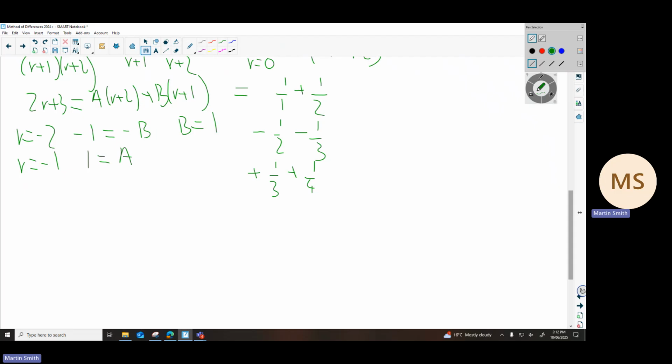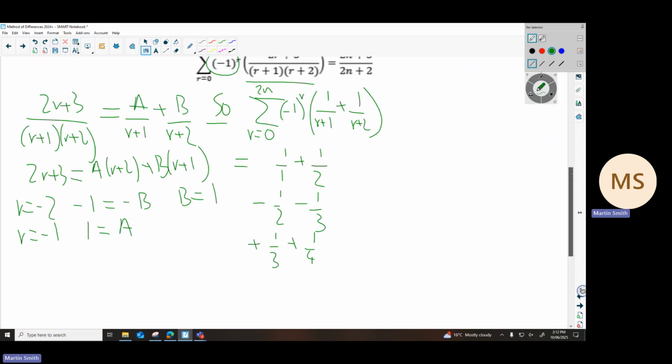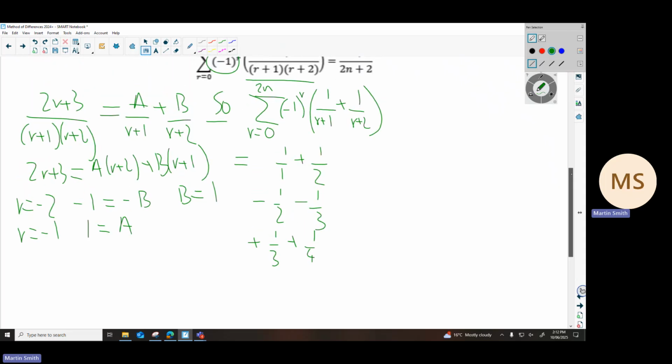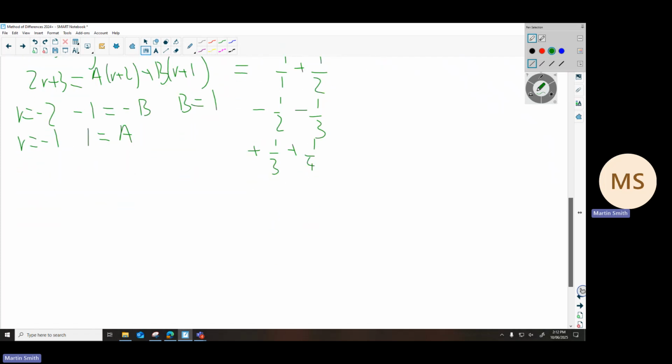Now, in this case, please be careful. The last term is going to be when r is 2n. Now, 2n is an even number. So minus 1 to the 2n is plus 1. So we're going to get plus 1 over 2n plus 1 plus 1 over 2n plus 2. That's the very final term that we're going to get. The previous terms are when r is 2n minus 1, which is odd.